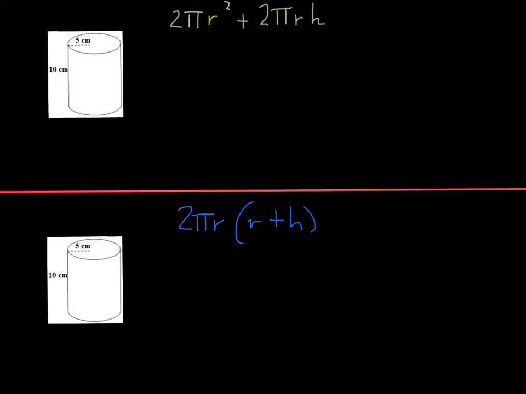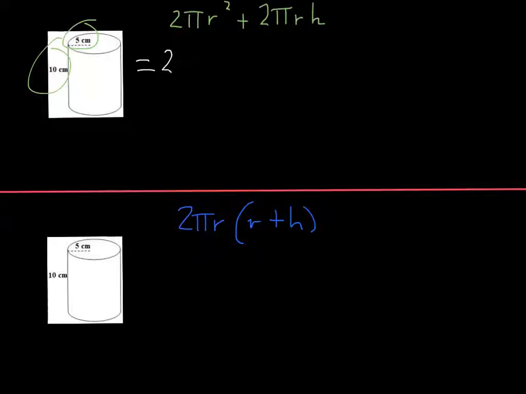Let's now apply the formulas to find the total surface area of some cylinders. I'm going to use the 3 different formulas with a couple of different cylinders. In this case we have a radius of 5 and a height of 10. Let's put that into the formula. First one is 2 pi r squared plus 2 pi r h.